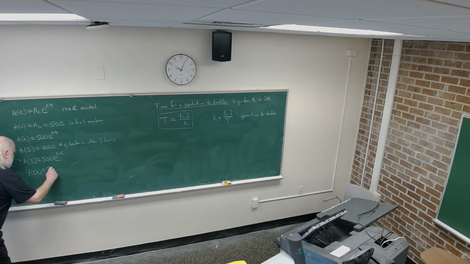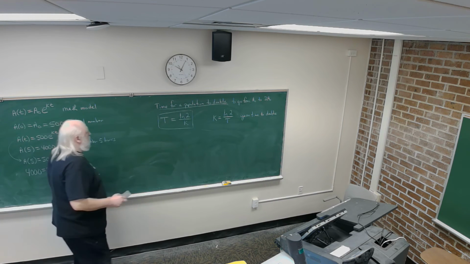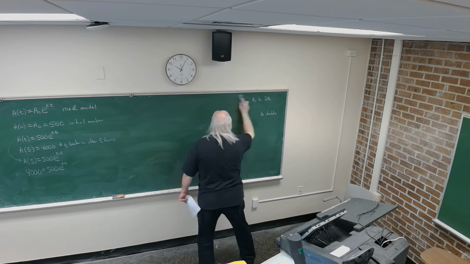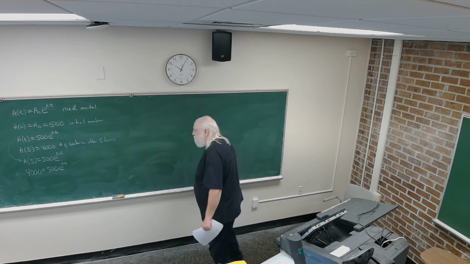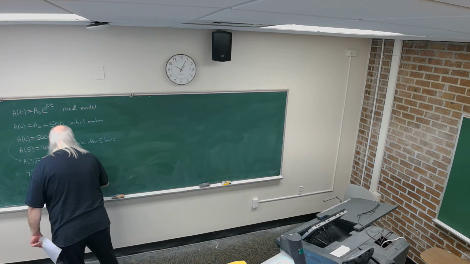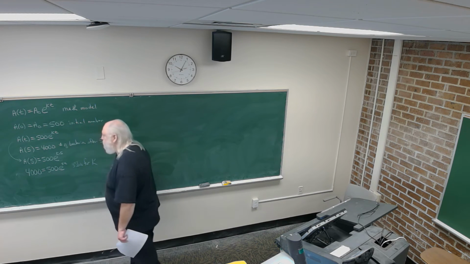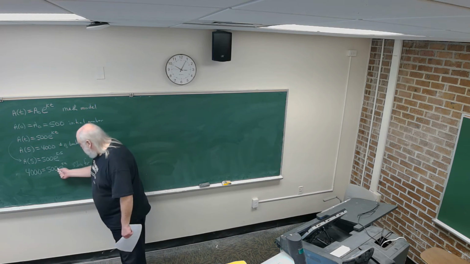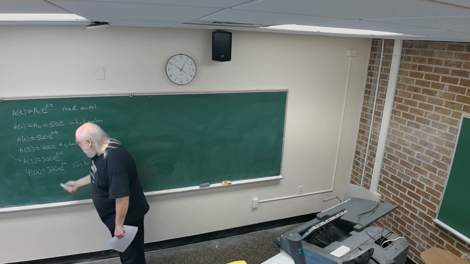is equal to 500 times E to the 5K power. We've got to solve for K to get the growth rate. Well, this is 500 times E to the 5K, so division undoes multiplication.